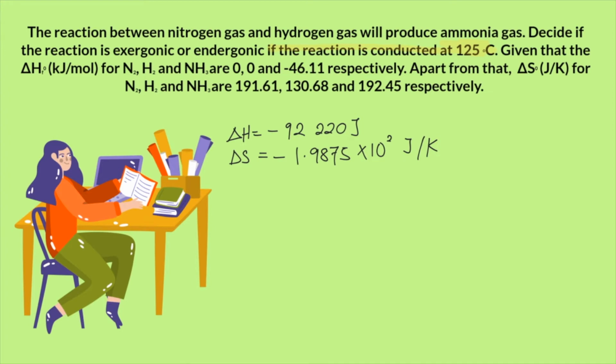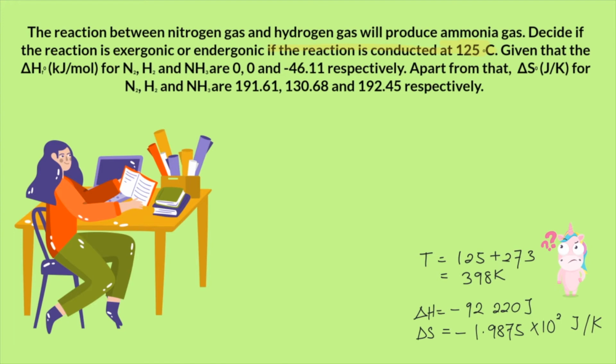So now you can calculate your delta G. Delta G is equivalent to your delta H minus T delta S. Make sure that your T is in accordance with the unit of your delta S. The unit for the temperature is in Kelvin, so you need to convert it to Kelvin instead of using degrees Celsius.